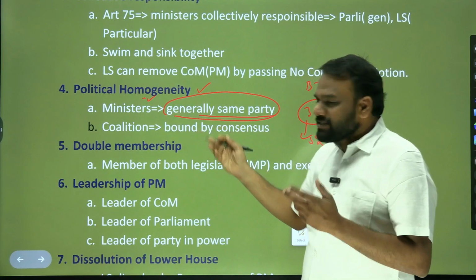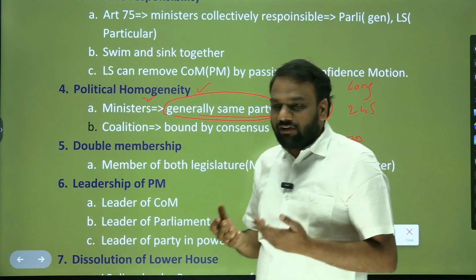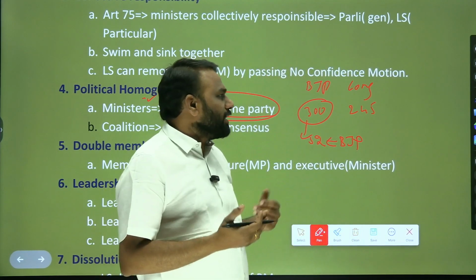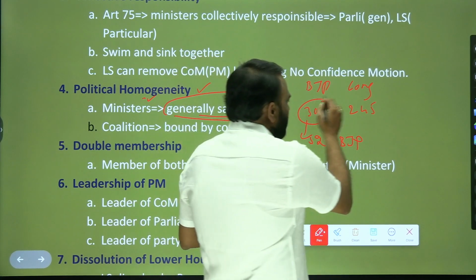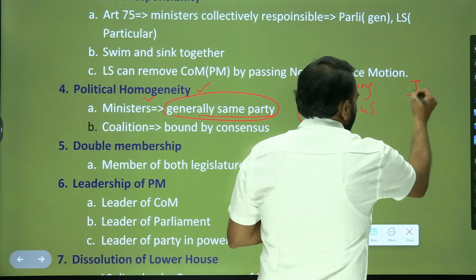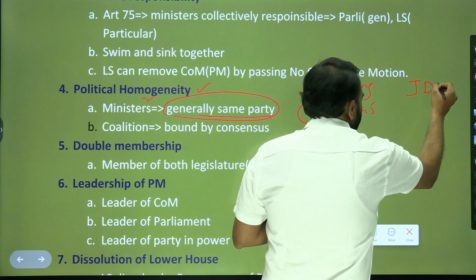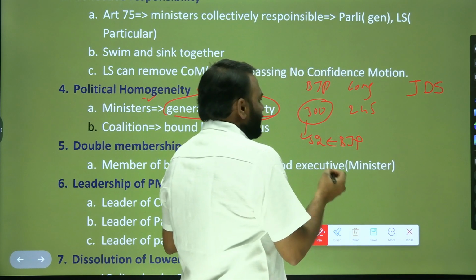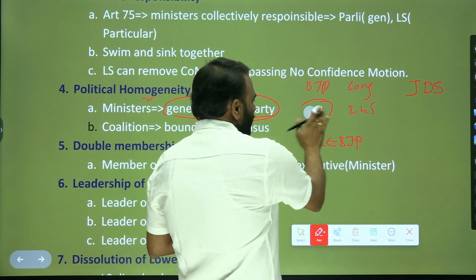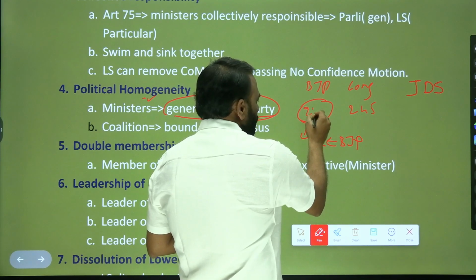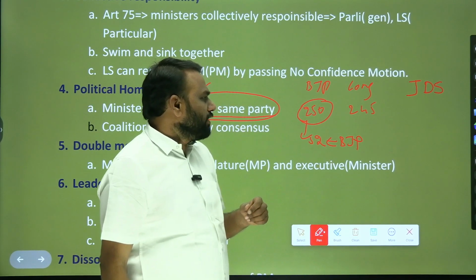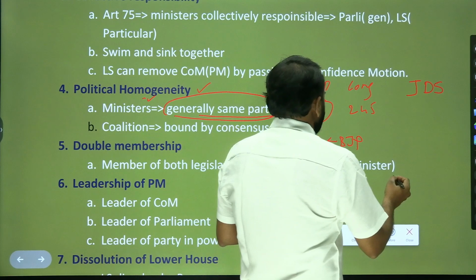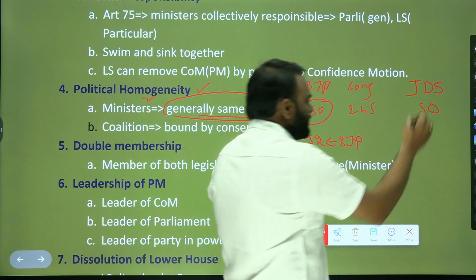But sometimes none of the parties is able to form the government on its own. For example, BJP, Congress, and let us consider one more party, JDS. Let us assume BJP has got not 300 but just 250, and 50 seats are won by JDS.